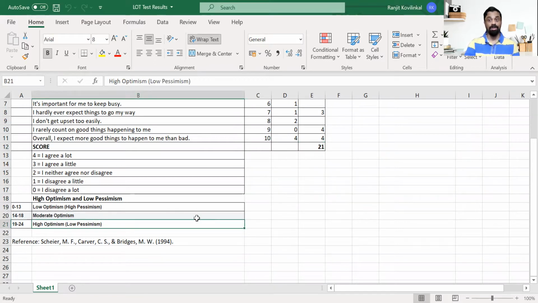The test has scales, where 0 to 13 is low optimism and high pessimism, 14 to 18 is moderate optimism, and beyond that is high optimism and low pessimism. So as per the dispositional scale, I am a highly optimistic person, which means to say that my trait level optimism is very high. Now let us look at the explanatory style of optimism.